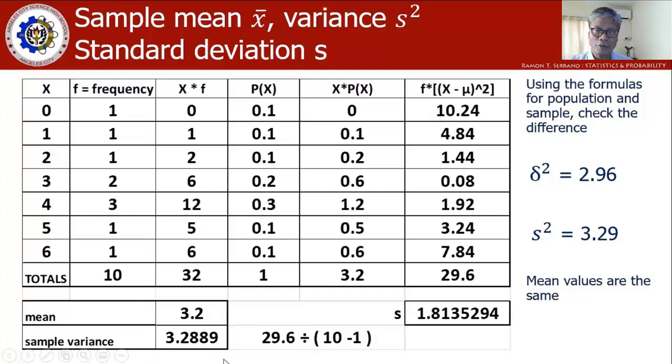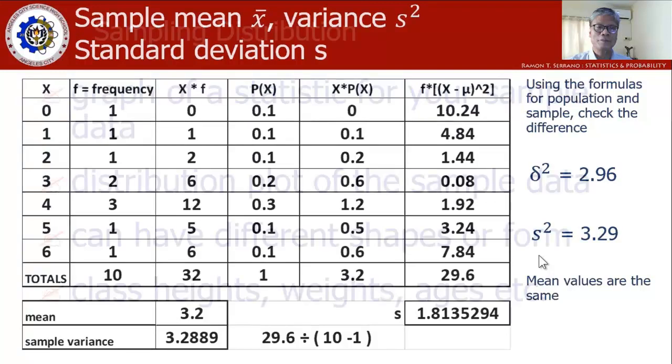Okay, and if we are going to get the square root, we get 1.813. So you take a look at the differences. Variance for population using the population formula is 2.96, but using the variance formula for sample is 3.29. Okay, the mean values are the same, obviously.